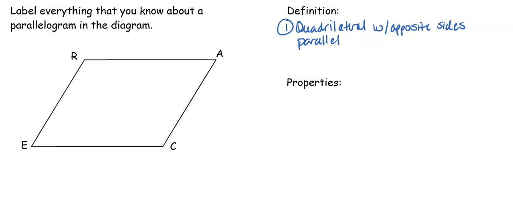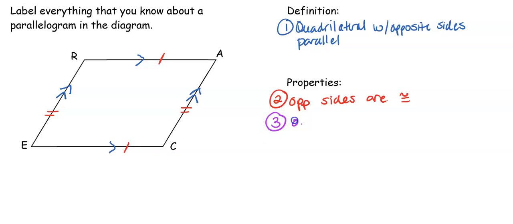The way I would draw this on my diagram, parallel is arrows. The definition, that gives us our first property. From there we get more properties. The second property is opposite sides are congruent. So the top is congruent to the bottom, the left is congruent to the right.